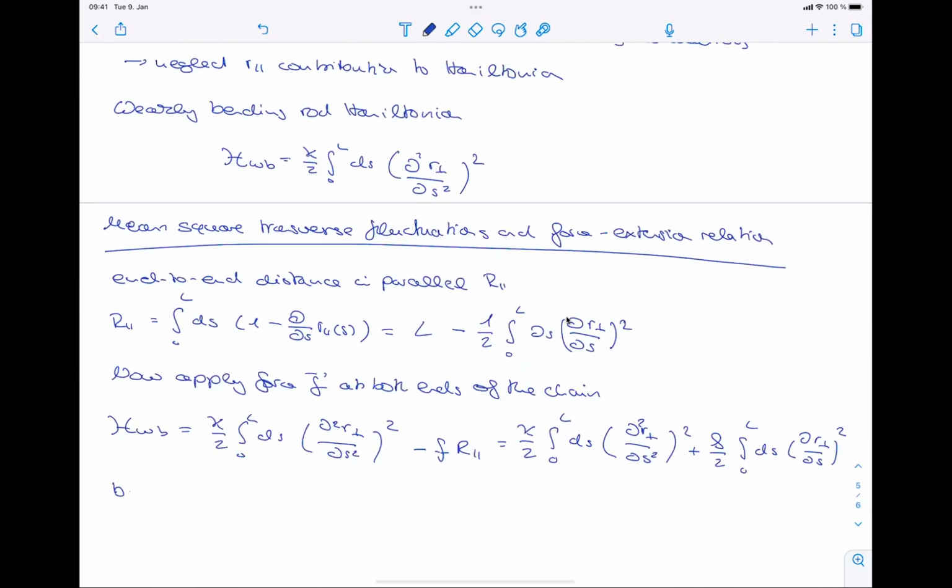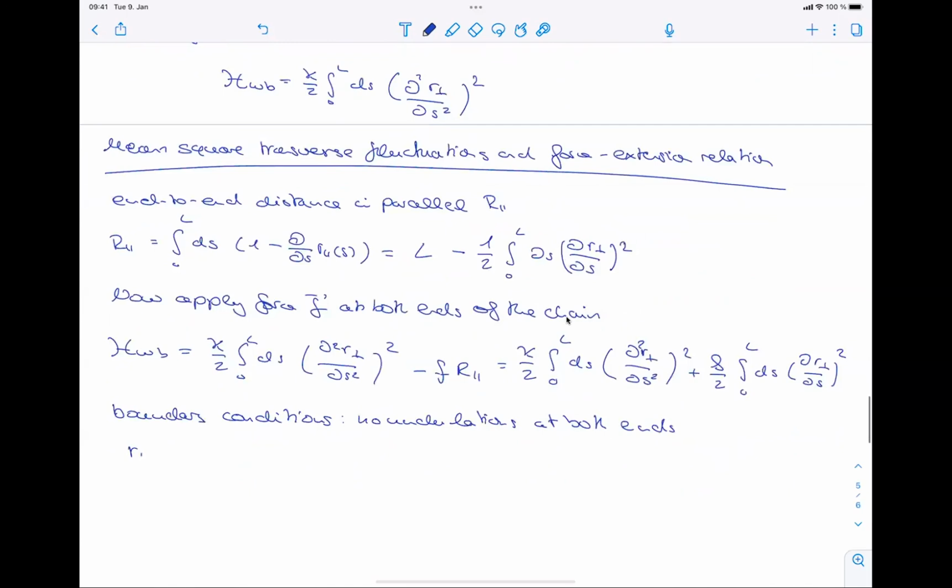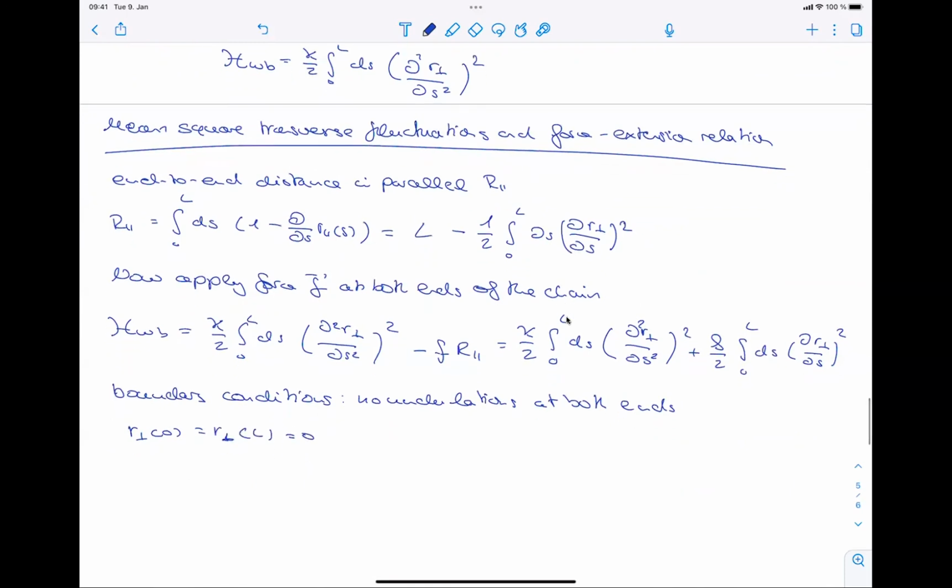And now we can solve the statistics of the system, but we have to specify the boundary conditions. And so our boundary condition would be so-called clamped ends, which says that there are no undulations at both ends that I'm applying the force to. So that would be that both the positions, the undulations are 0, as well as the derivatives.